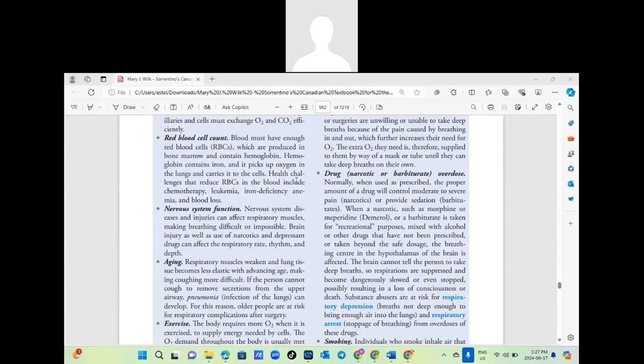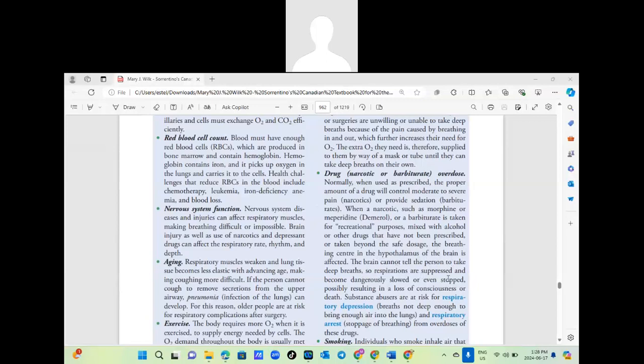Okay, so when a narcotic such as morphine or meperidine (Demerol), or a barbiturate, is taken for recreational purposes, mixed with alcohol and other drugs that have not been prescribed, or taken beyond the safe dosage, the breathing center in the brain is affected, so the brain cannot tell the person to take deep breaths.